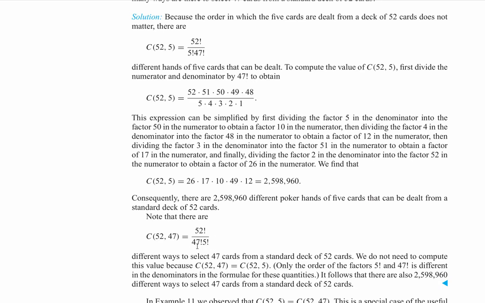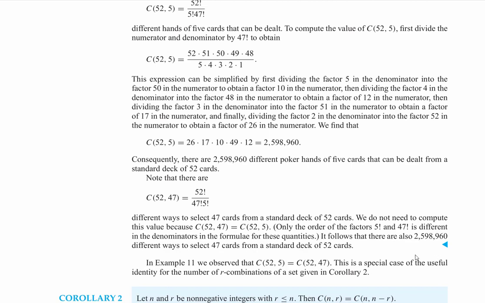You just switch the order on the bottom of this product. Choosing 5 from 52, you're leaving out 47, so it's going to be the same number. So there are 2,598,960 ways to choose 47 cards from 52.